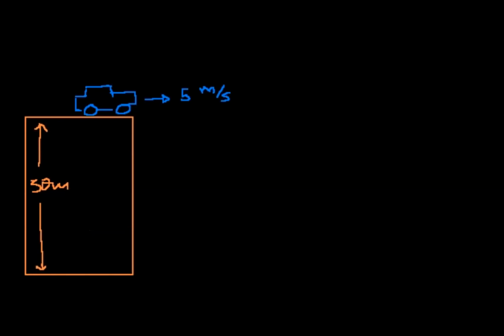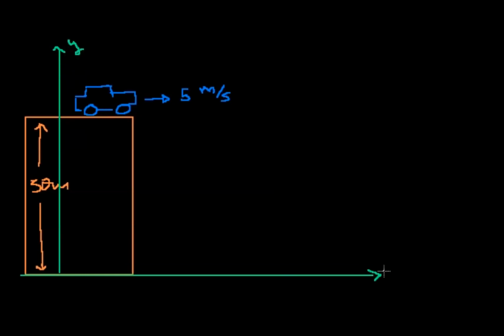Let's say that this is the y-axis right there. And then this will be my x-axis. So this is y, this is x. We know this is a 50-meter high cliff.